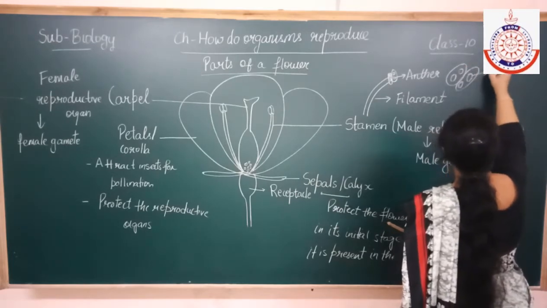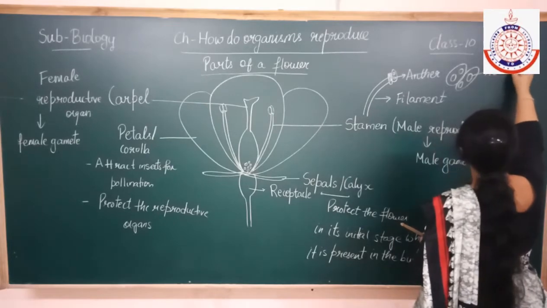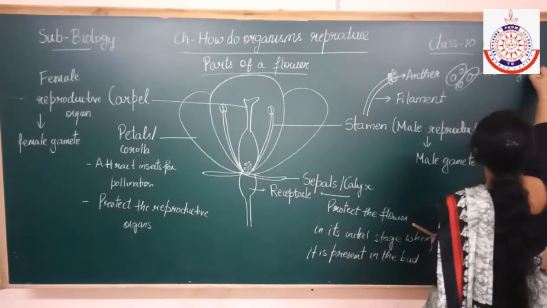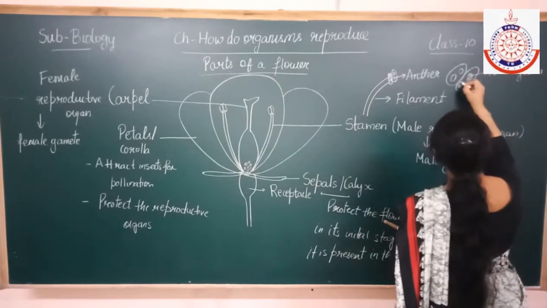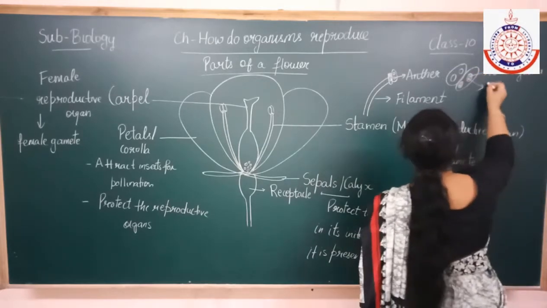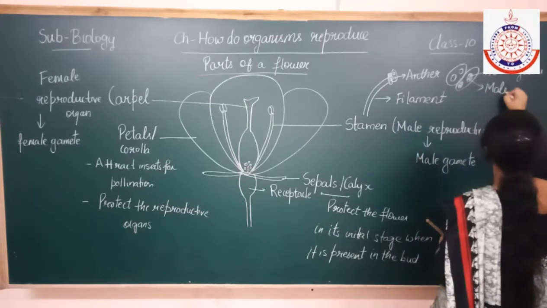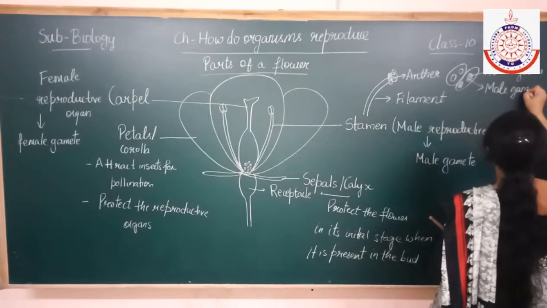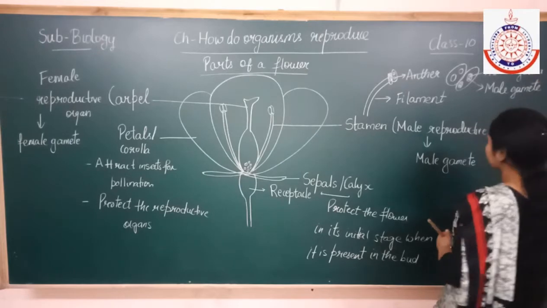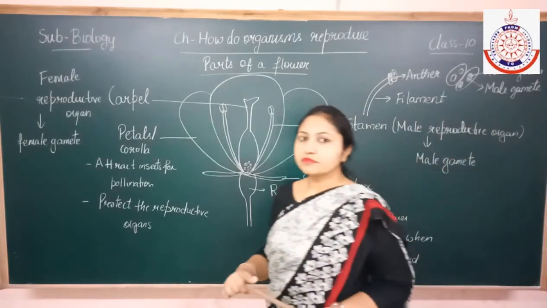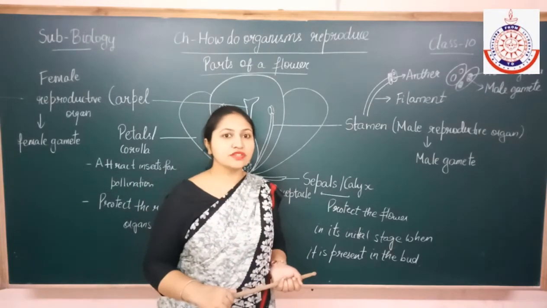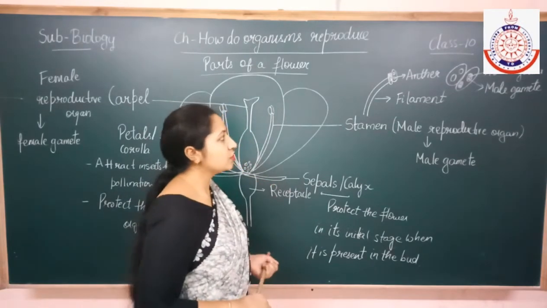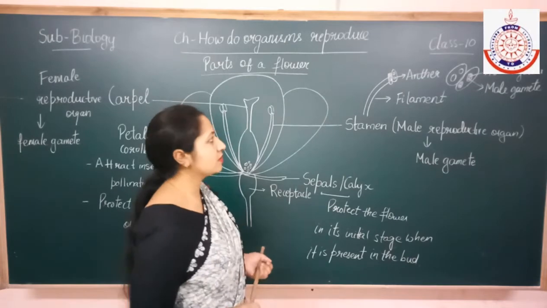The anther contains the pollen grains, and pollen grains contain the male gamete. The male gamete has a role in the fertilization process during sexual reproduction.